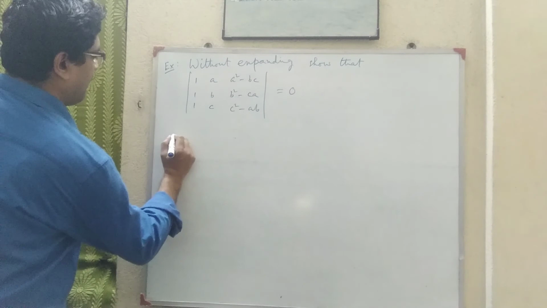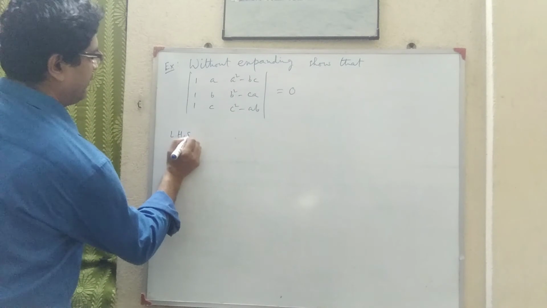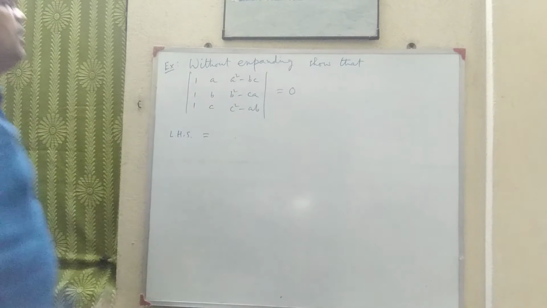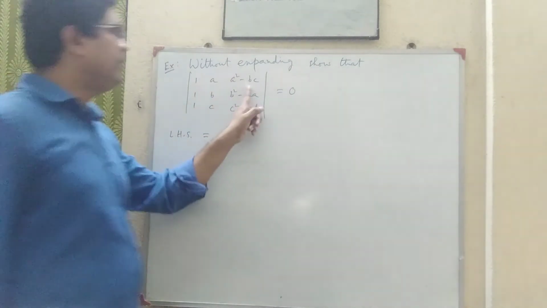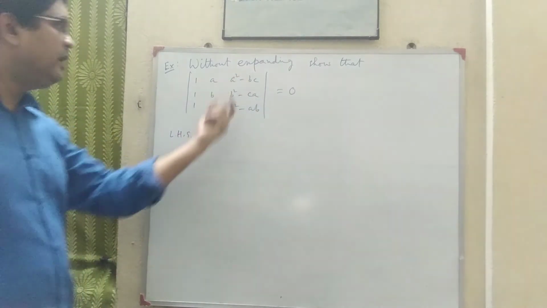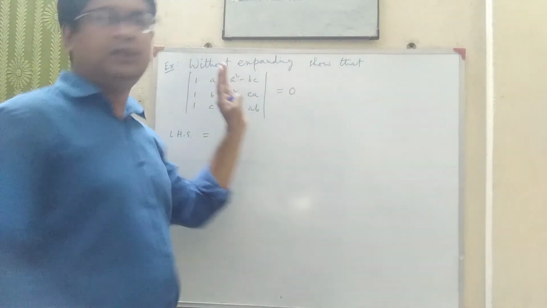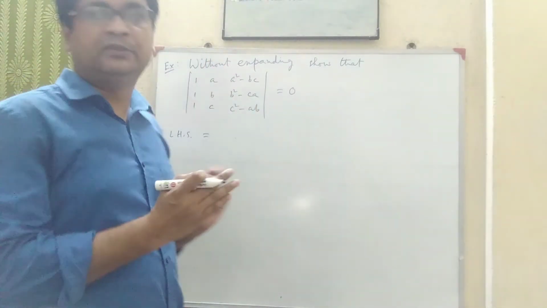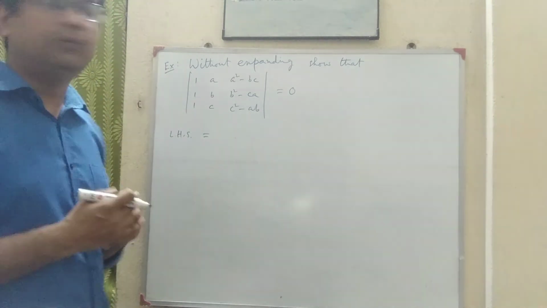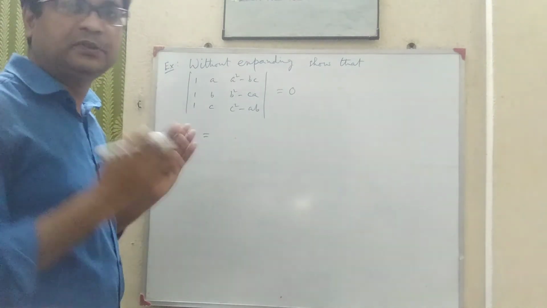Now you see that LHS, left hand side, is equal to, what we can do here. If you find that each of the elements is a sum of two terms, like a square minus bc, then we can divide the determinant into two sub determinants.